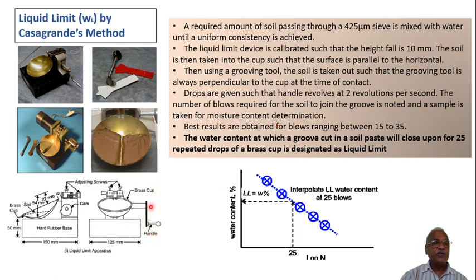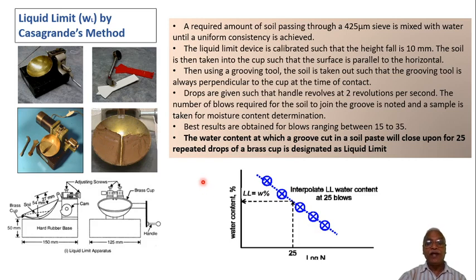The drops are given till these two halves of the soil come together for a distance of 12 mm. When they join through a distance of 12 mm, we say the groove is closed. Till then we give blows, then stop, record the number of blows, and put some sample out of it for water content determination.